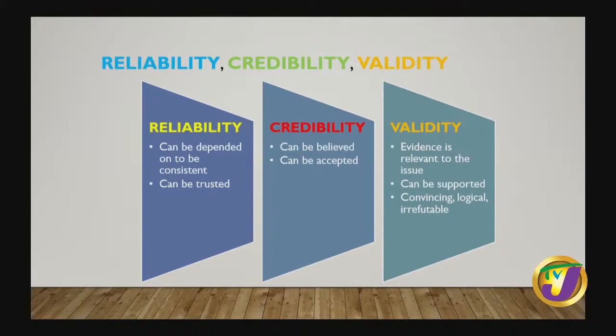It can be trusted. So for credibility now, what are we talking about? The source is believable. We can accept it. And for validity, there should be evidence that it is relevant to the issue being discussed, that the information can be supported, and that the information is convincing, logical, and irrefutable.